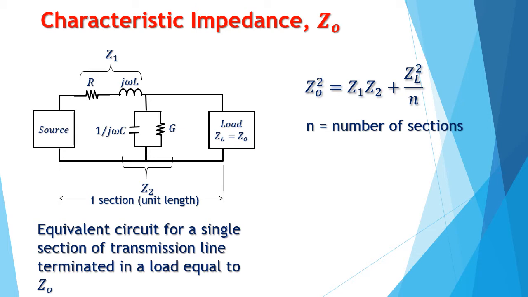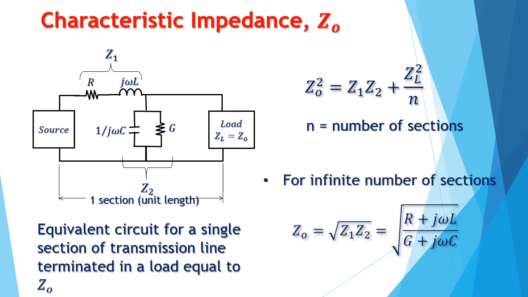So for Z2, we have 1 over j omega C plus G. Now, Z1 times Z2 is only applicable for one section. And if we have multiple sections, we have Z sub L squared divided by N. Okay, remember this formula.